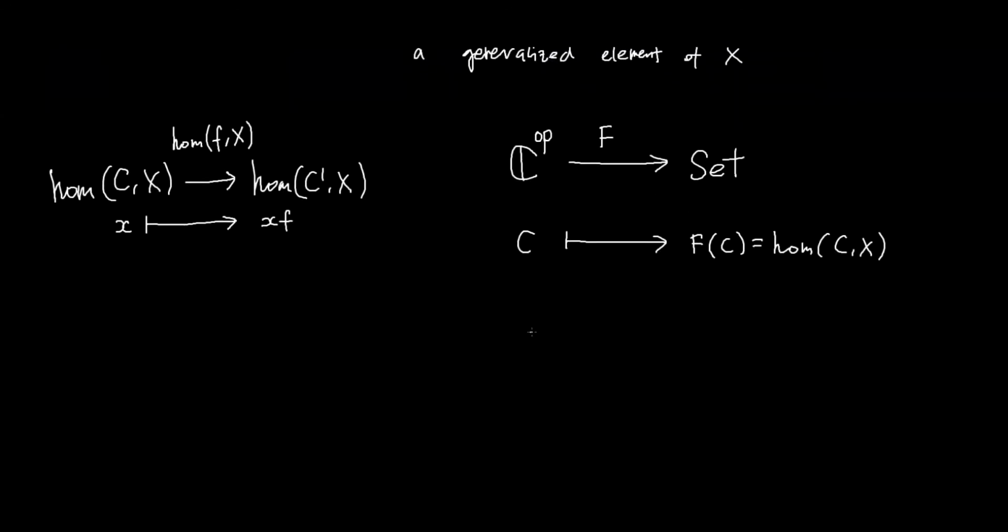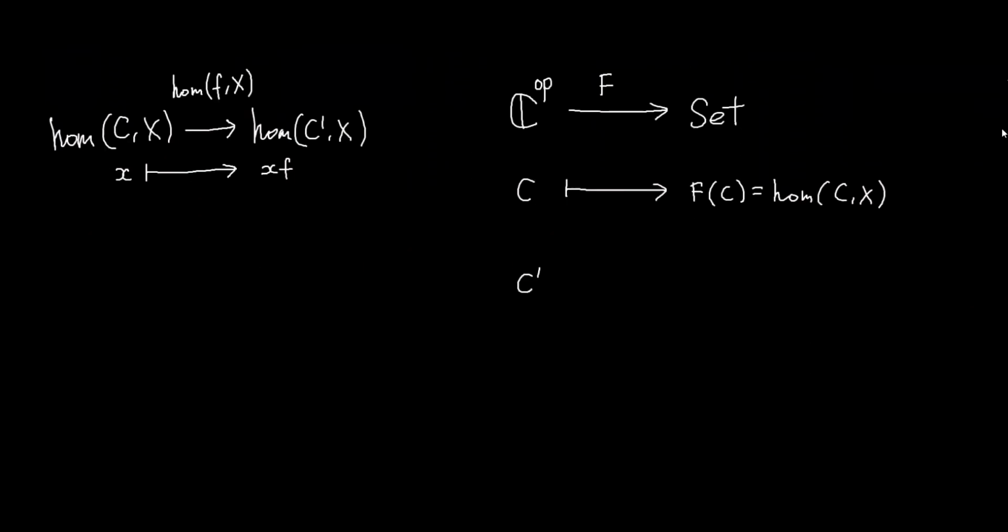Then also, what a functor should do is that for every morphism in the category, so if I have a morphism in the category C op, going from C to C prime, so this is happening inside the category C op.